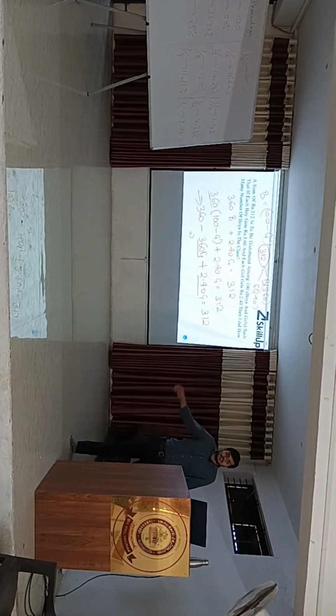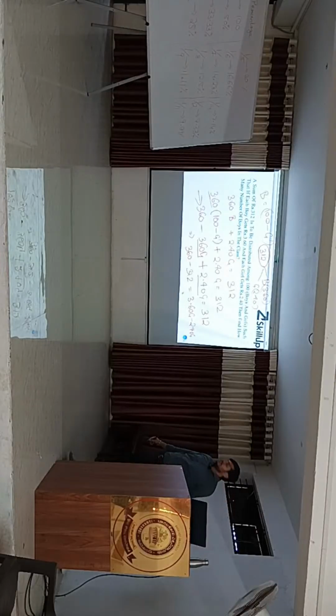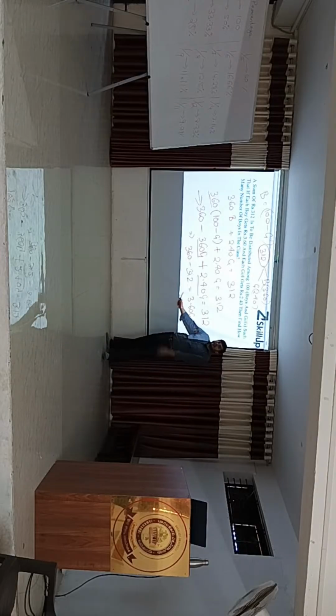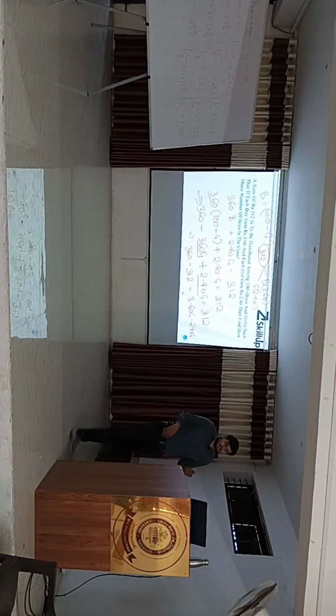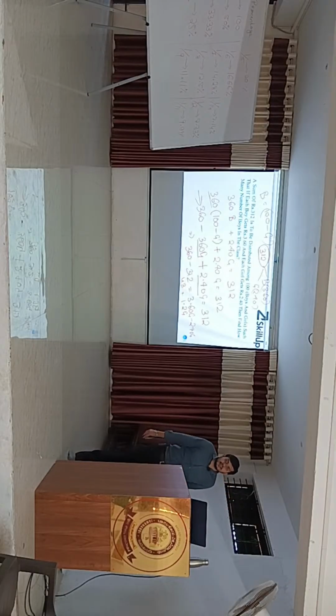Write down till here, from there you go. 360 minus 312 equals 3.60 girls minus 2.40 girls. So 360 minus 312 is 48, equals 1.2 G. So 48 divided by 1.2.